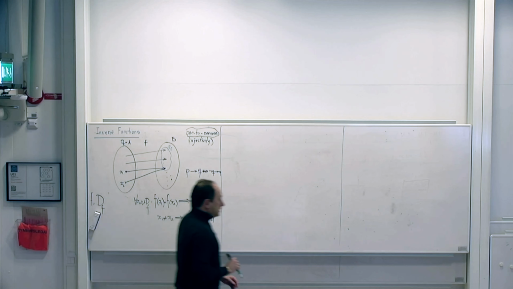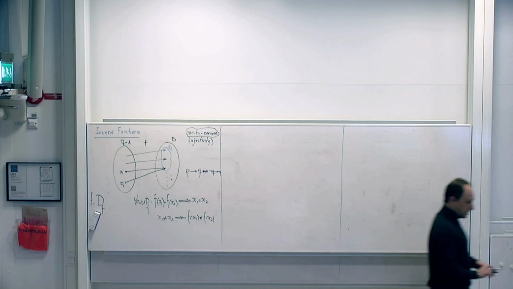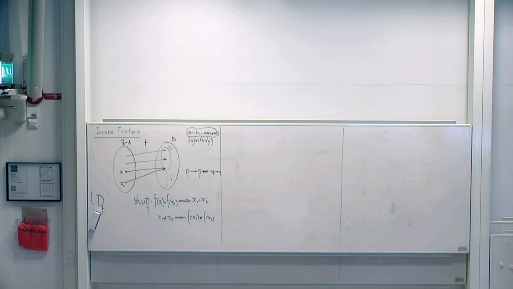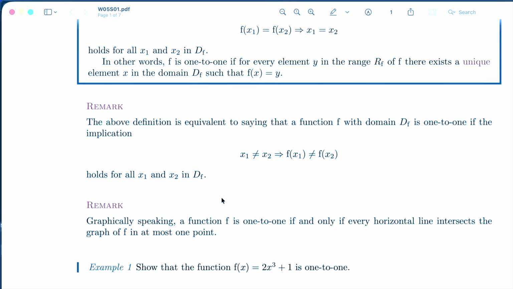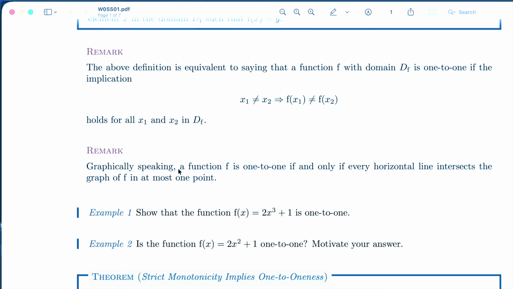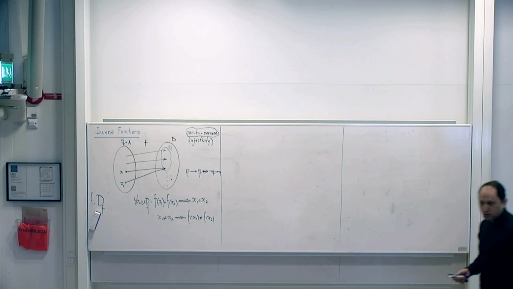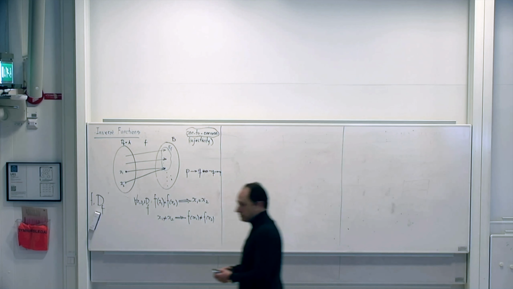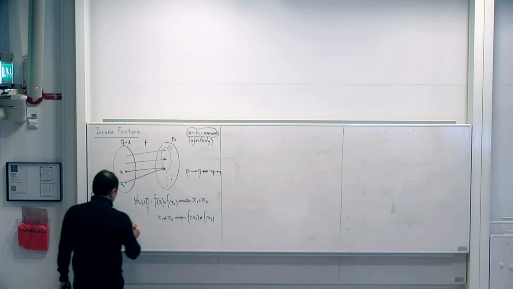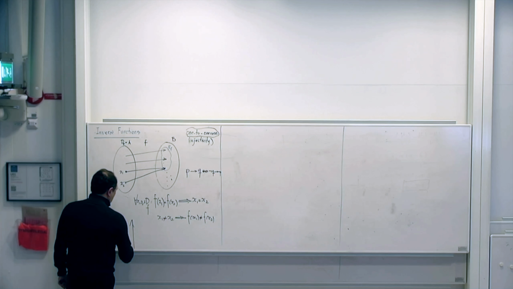Okay, so let us go to the first example. Okay, I forgot to talk about what it means graphically. So if I give you the graph of a function, how do you know that it is one-to-one or not? For example, let me ask you a question. Do you think that this function is one-to-one?